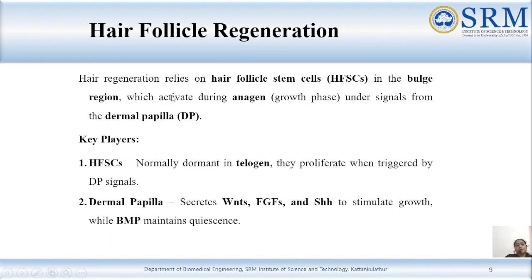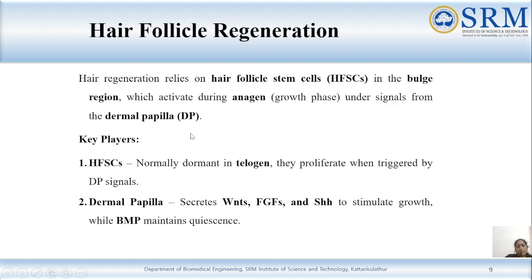So hair regeneration basically relies on the hair follicle stem cells which are present in the bulge region, which activate during the growth phase upon receiving signals from a specific type of cells called the dermal papilla.